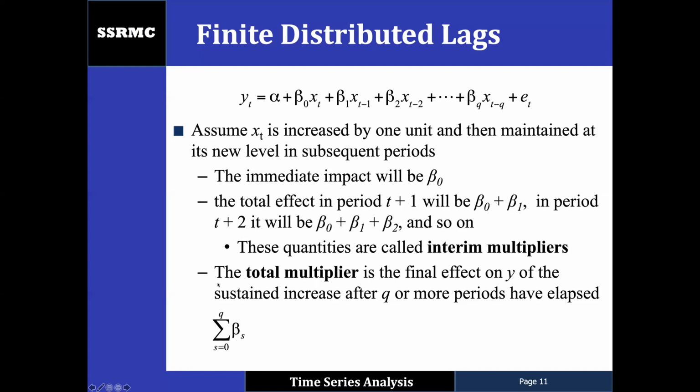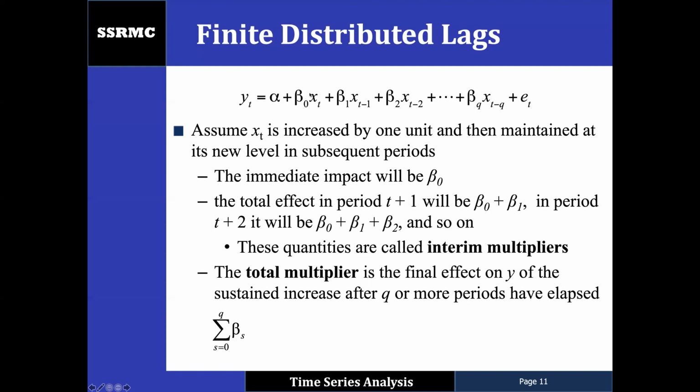So here are some new terms that we also need to introduce when estimating a finite distributed lag model. The immediate impact will be beta naught. However, that's not everything, because the effect actually is distributed over a period of time. So the total effect in period t plus 1 will be beta naught plus beta 1.